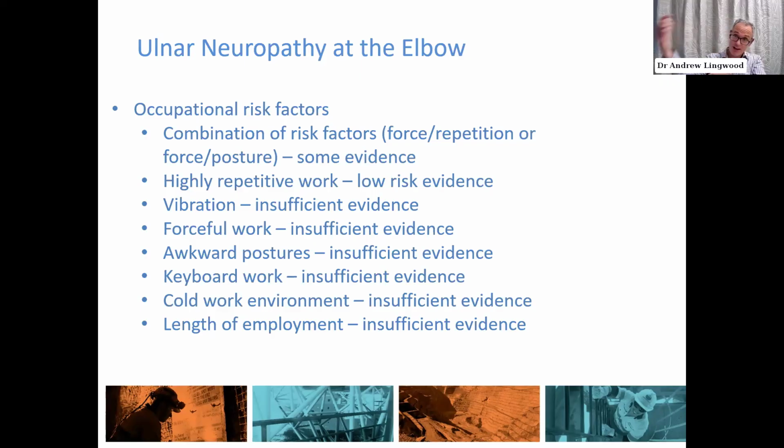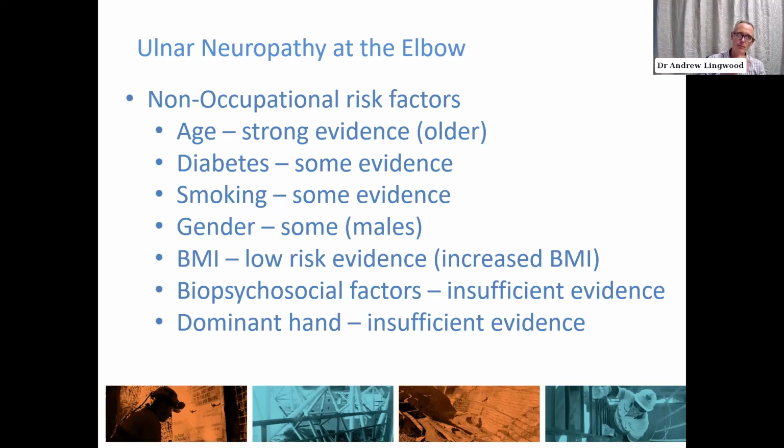If you're doing a lot of flexion extension movements of the elbow under load, again, you might stir up the symptoms related to it, but it's a condition that I don't often see that I think is significantly related to work. There is, again, evidence about increasing age, diabetes, and smoking. So a bunch of these constitutional factors are really important in ulnar neuropathy at the elbow.